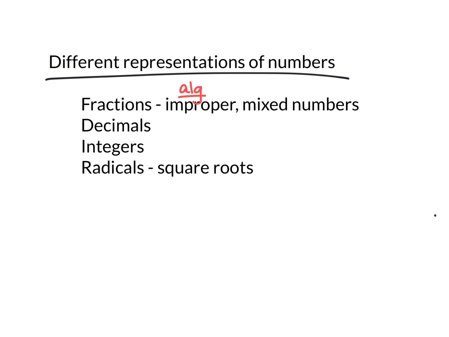Mixed numbers are better when we're doing word problems. Other than that, we don't generally fool with mixed numbers in algebra because it's harder to solve with them. We can also write things as decimals. A lot of times things can be written as integers, especially if they already are. And then radicals, which for right now is all you know that is as square roots. So just know that there are all these different representations of numbers.